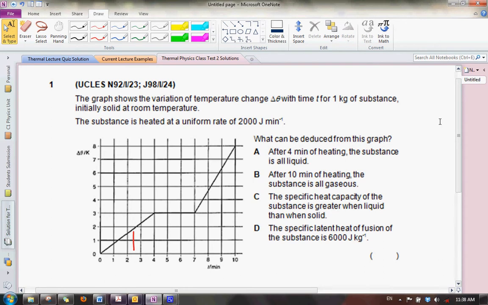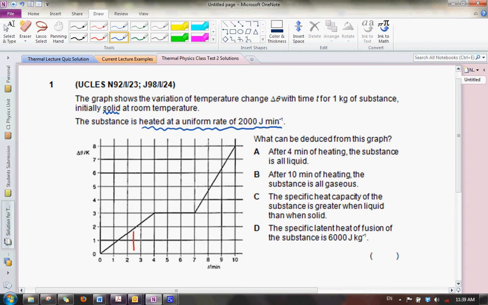Your Thermophysics class test 2 question. You are given a graph that shows the variation in a particular substance. You are also told that it initially starts off as solid at room temperature, and there is a constant rate of heat supplied at 2000 joules per minute.